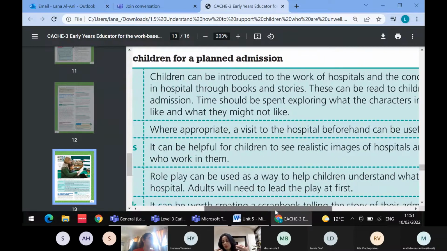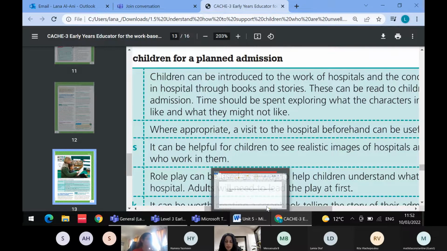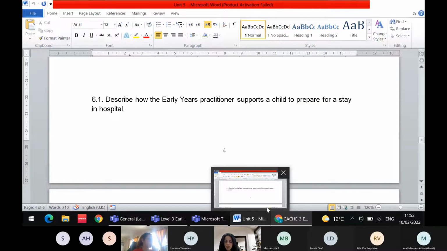If you're planning for them to be admitted to the hospital, then you read lots of books and stories for them to make them more relaxed and happy about it, positive. And they should spend some time exploring the characters in the stories and how they feel.